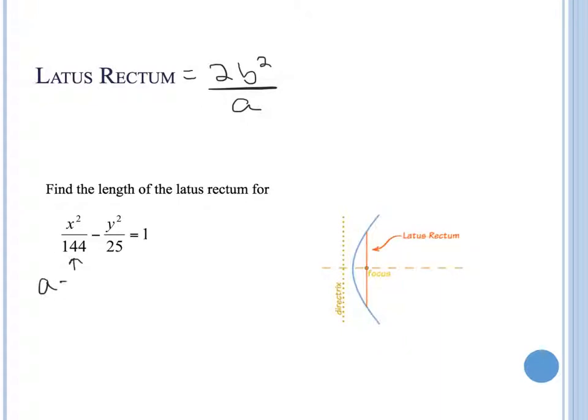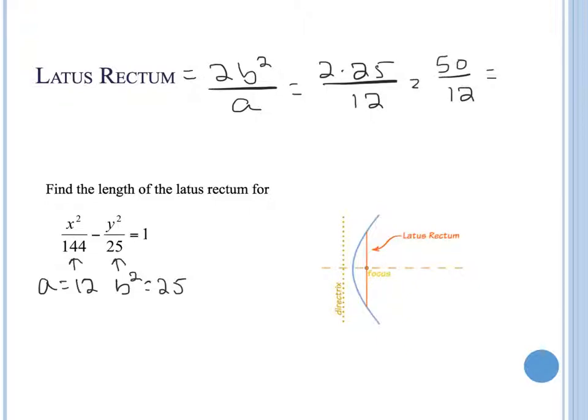So a here is 12, b squared is already given. So if we plug that in to our formula for this particular hyperbola, we would say 2 times 25 over 12, which looks like 50 over 12. And if we reduce that down, 2 goes into both of them, so that'd be 25 over 6. I don't think we can do much with that.